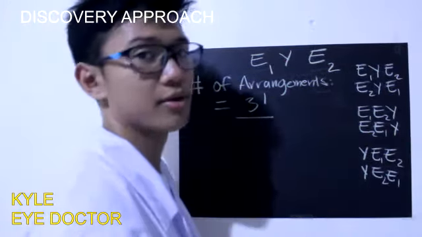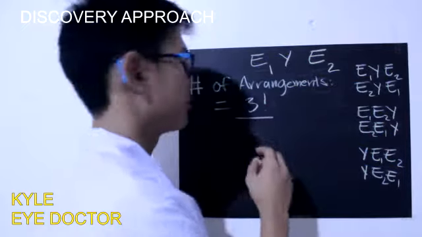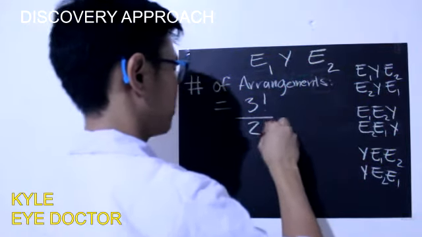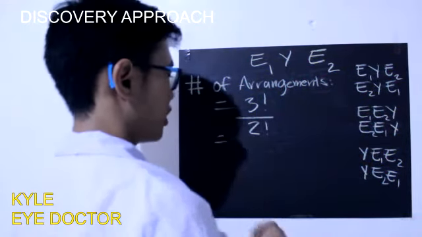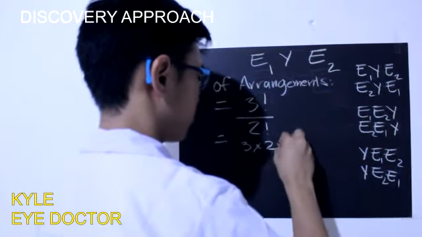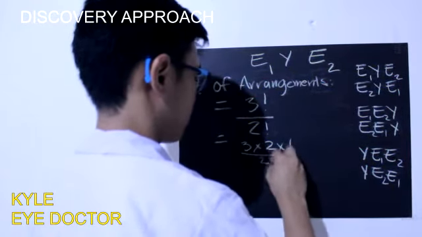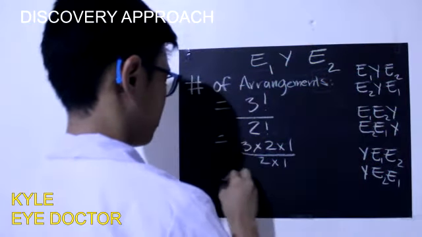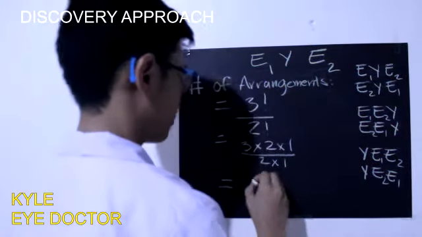So we're about to divide 3 by 2, and we get 3.